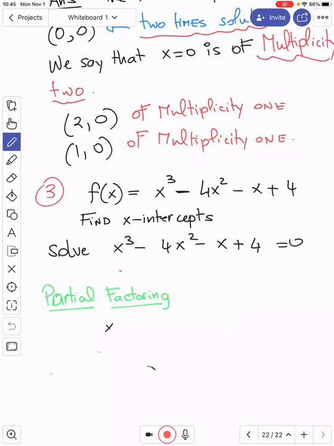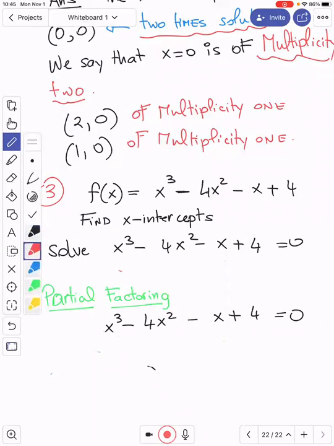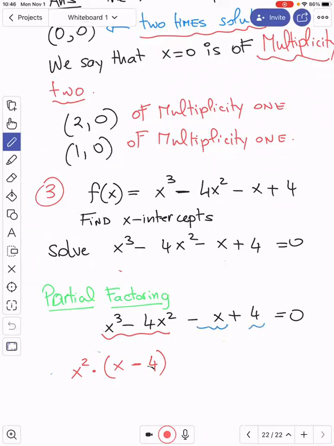As I said, we're going to factor the first two terms. So x cubed minus 4x squared, and again x squared is a common factor, so that would be x squared times x minus 4. And then for the third and the fourth term, minus x plus 4, it doesn't look like there's a common factor.